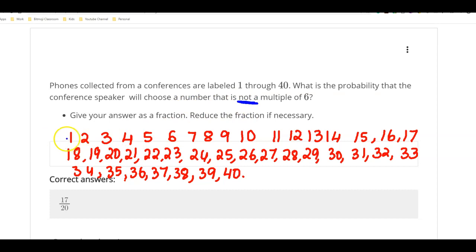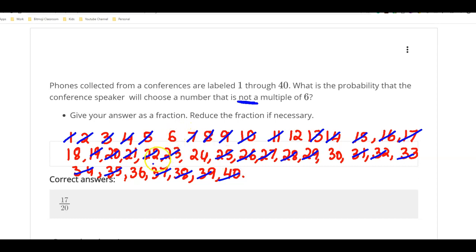Now let me see how many of them are not multiples of 6. 1, 2, 3, 4, 5, 6, 7, 8, 9, 10, 11, 12, 13, 14, 15, 16, 17, 18, 19, 20, 21, 22, 23, 24, 25, 26, 27, 28, 29, 30, 31, 32, 33, 34.